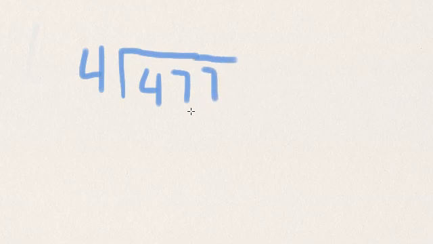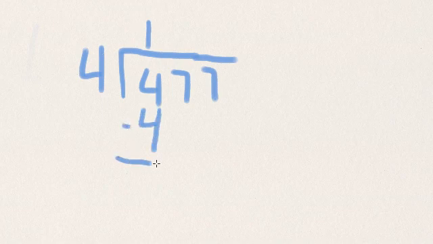Now, everything starts off exactly the same as your basic long division problem like we had in our first video. You start going from left to right and ask how many times does the divisor go into the dividend. So 4 goes into 4 one time, that goes on top, and 1 times 4 is 4, goes to the bottom.